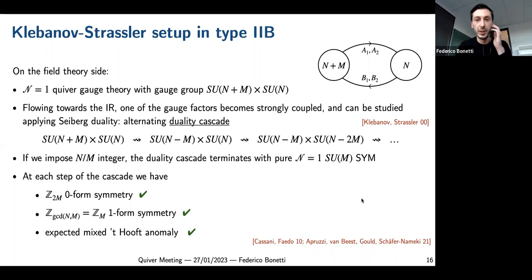In terms of the duality cascade, I don't think, unfortunately, I'll have the time to cover it today, but one can also consider, as in this paper here, the second one at the bottom, what happens in the deep IR, and there we find indeed the full Klebanov-Strassler solution, and there are features of that geometry that do correspond to pure superunion.